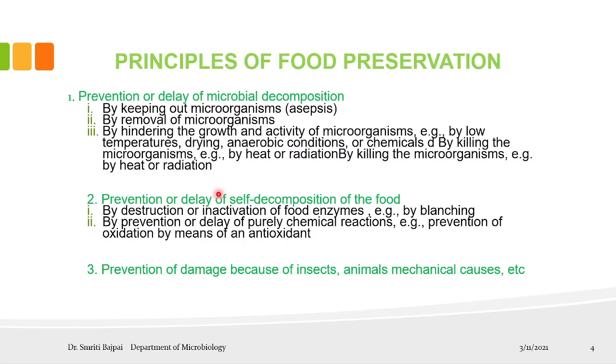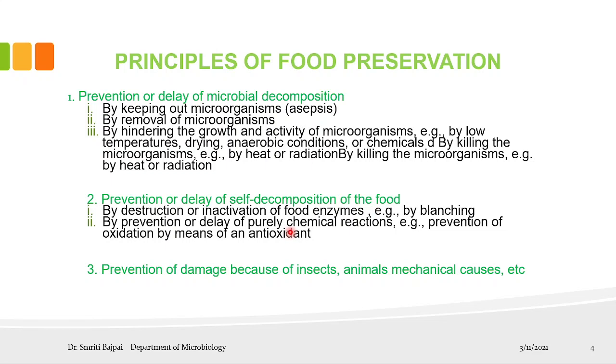Now coming to the principles of food preservation. There are three different principles. Firstly, preventing or delaying microbial decomposition. This is done by asepsis, removal of organisms, hindering the growth and activity. Second is the prevention or delay of the self-destruction or self-decomposition of the food.